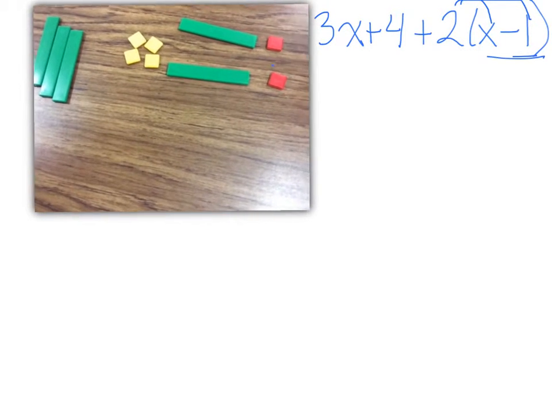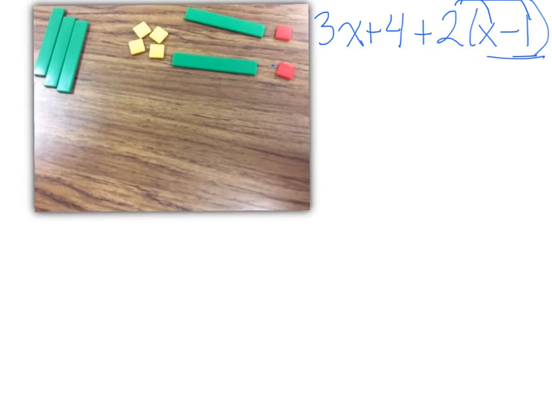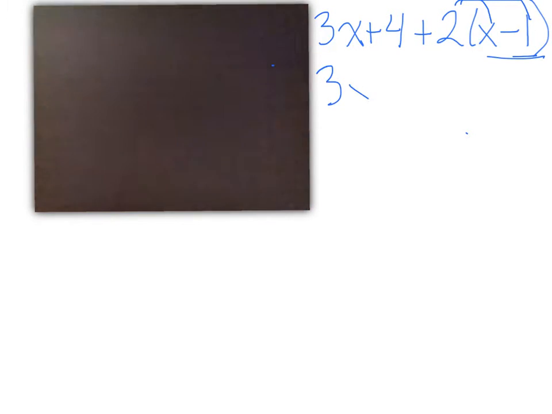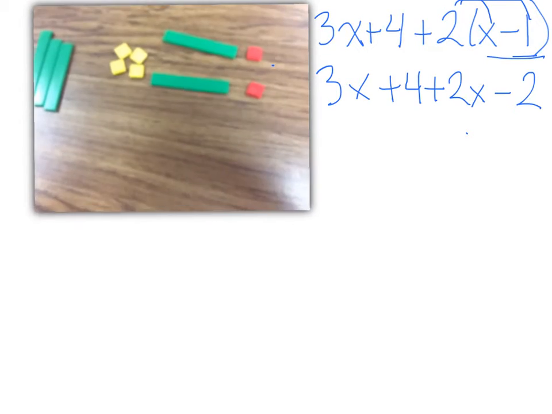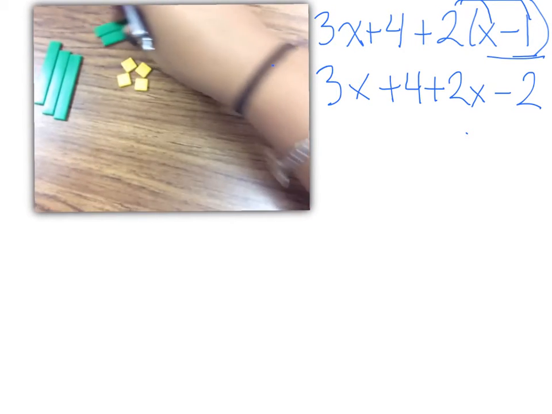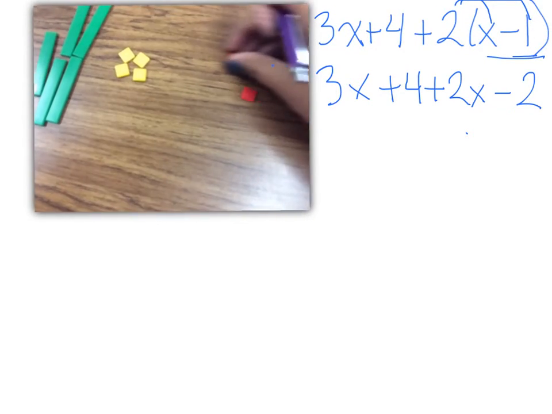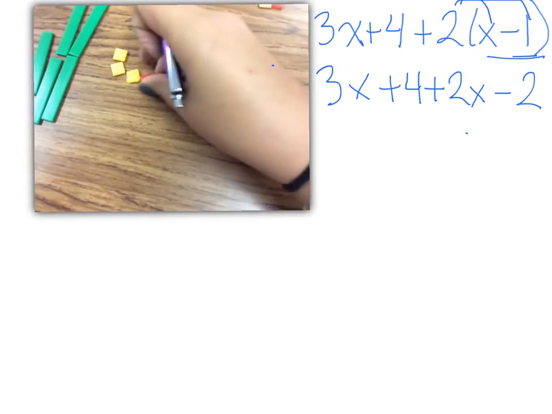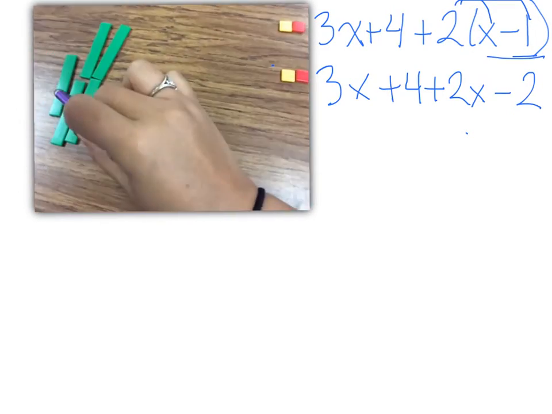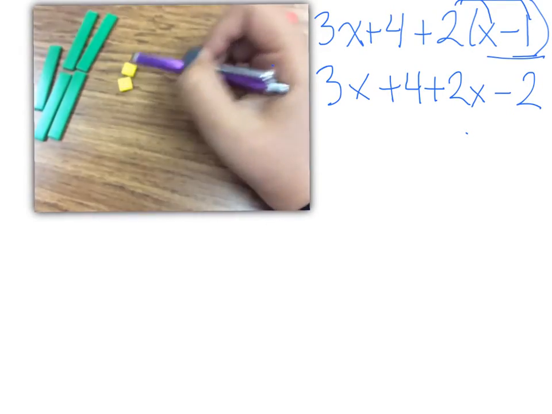Okay, so algebraically, I'm going to end up having on my next step 3x plus 4 plus 2x minus 2. So once I'm to this step, now I can start combining my like terms. So here it's easy to see these will combine. My 0 pairs will cancel out, and I'm going to be left with 5x plus 2.